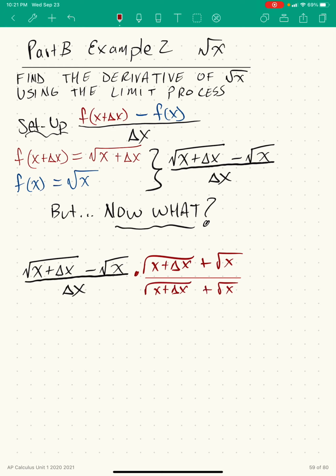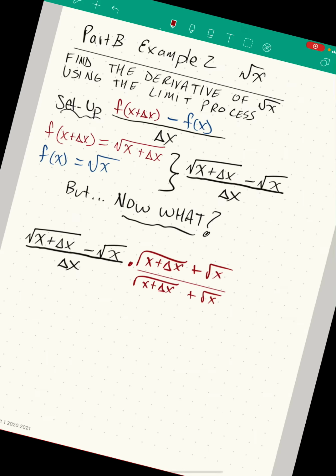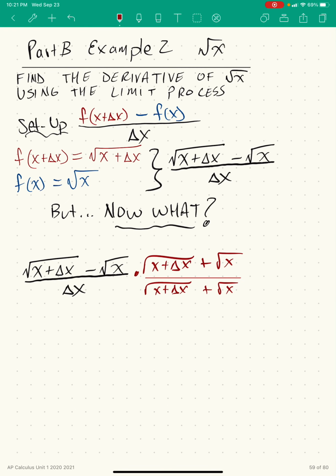So the goal when we do this, if you remember when you multiply by the conjugate, is that you're generally going to keep the first and second term but squared. If you need to see a review on that, definitely Google multiplying by the conjugate. This is not that time. We are in calculus. We are not in Algebra 2 trig, so Google that on your own. But when we do multiply this, the radicals will cancel out.